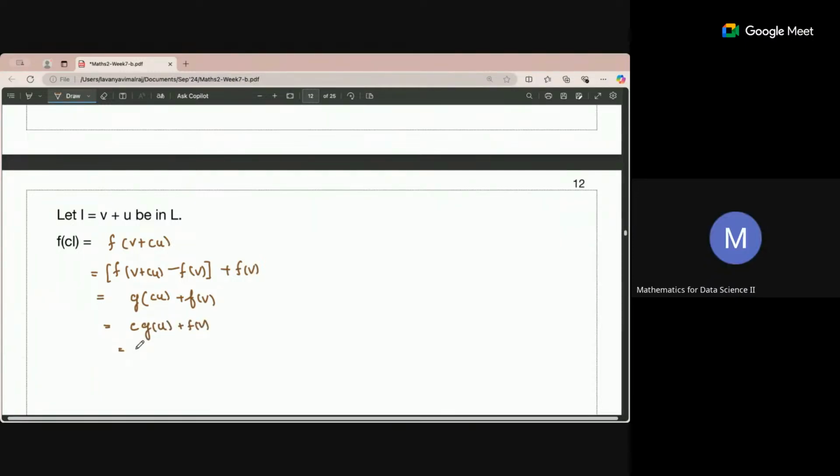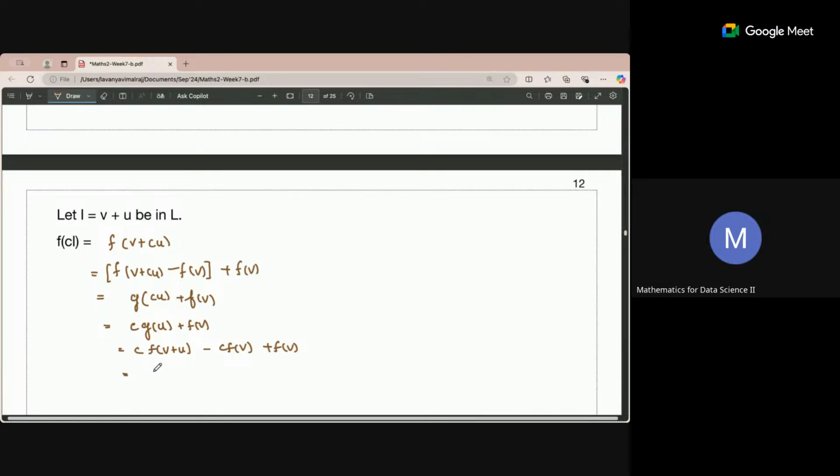Now again g of u, I can write it as f of v plus u minus f of v. I multiplied the c on both. Yeah? f of v plus u minus f of v, right?